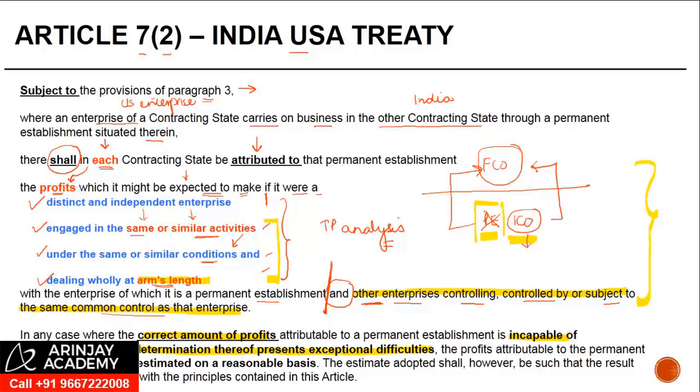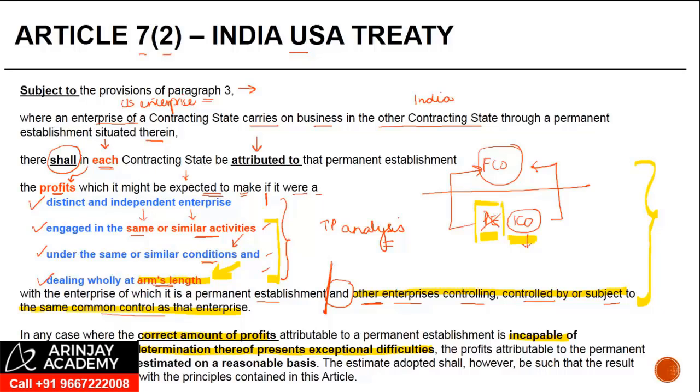The profits attributable to the PE may be estimated on a reasonable basis. The estimate adopted shall, however, be such that the results shall be in accordance with the principle of this convention. Now, two things which one needs to note over here is that the onus to prove that the price is at arm's length is on the taxpayer, right?